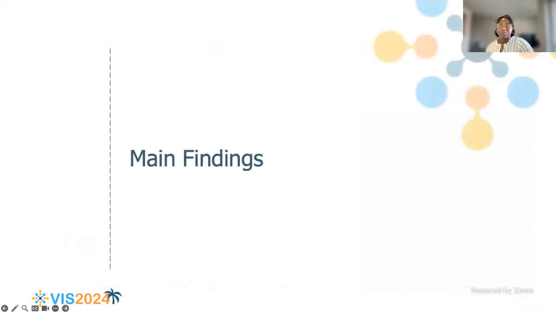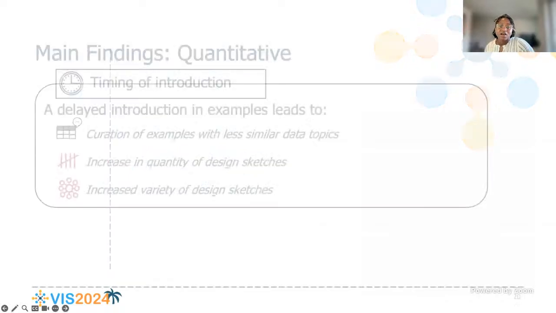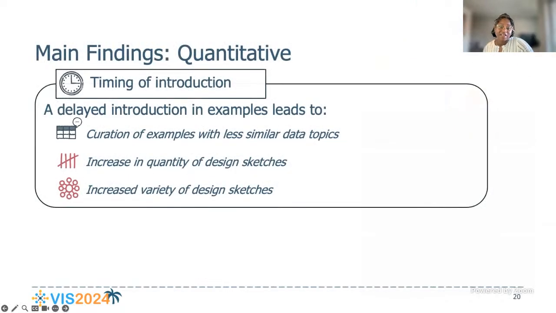So our main findings. For the quantitative analysis, we found that a delayed introduction of examples leads to participants curating examples with data topics that are less similar to the data set that they're working on. And it would also lead to an increase in the quantity and variety of designs produced by participants.